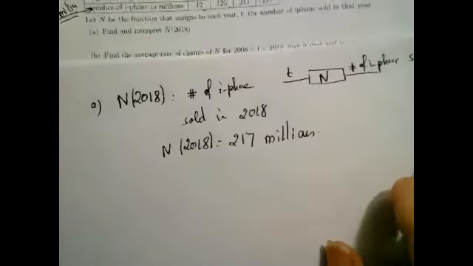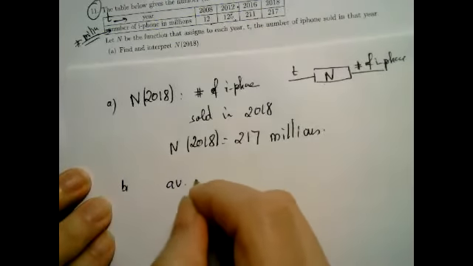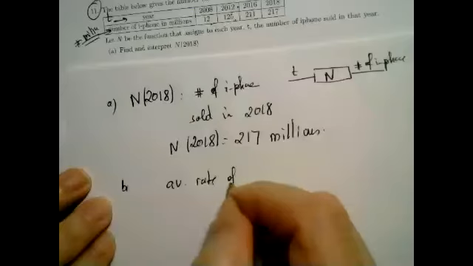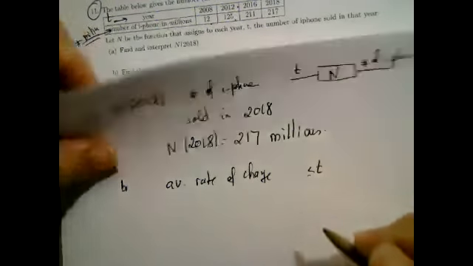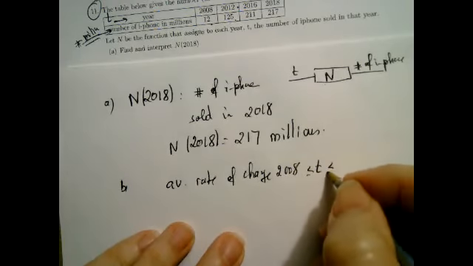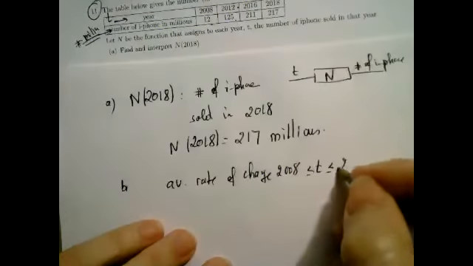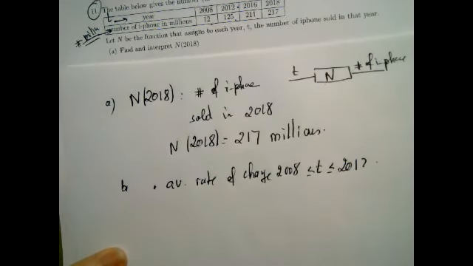What's the average rate of change? B is telling you, what's the average rate of change between 2008 and 2012? So the question, what's the average? Give it unit and interpret.